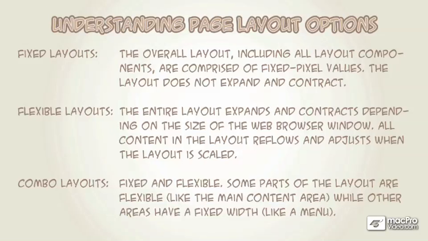If you go to Wikipedia and try resizing your browser window, you'll find that the main content area is flexible. It's going to scale wider and narrower, but the main menu over on the left-hand side is going to remain fixed, right? So we're combining the aspects of a fixed layout and a flexible layout inside a combo layout. That's how that works.